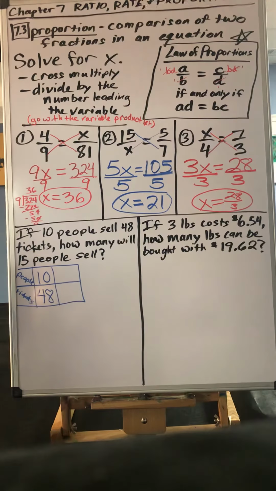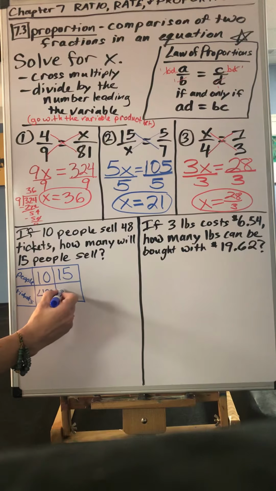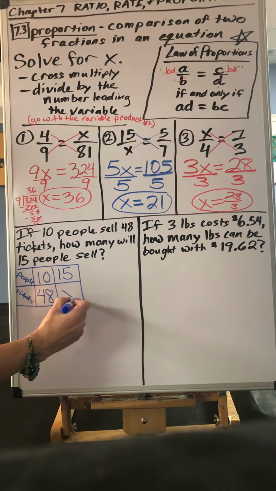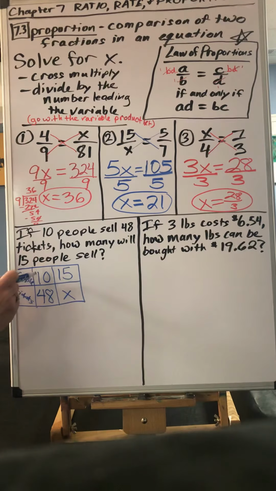And now here's where you have to be careful. How many will 15 people sell? So 15 is the number of people. So make sure the 15 is up here. The number of people, the number of tickets, we don't know. So 10 people sell 48 tickets. 15 people, we don't know how many tickets.